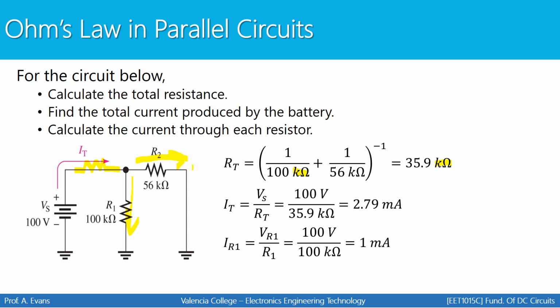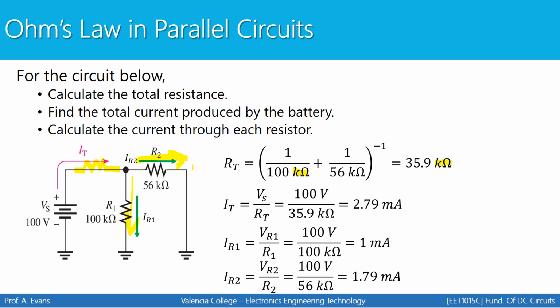We can use Ohm's law to find the value of the current for R2. Same formula, but now we're just going to plug in R2 on the bottom. And now we get the current for R2 flowing to the right. It's going to be important to always know the direction of your current as well as its magnitude.